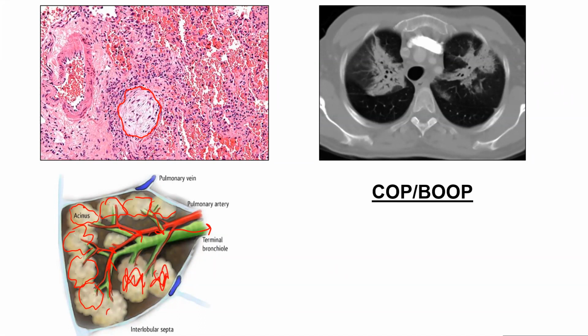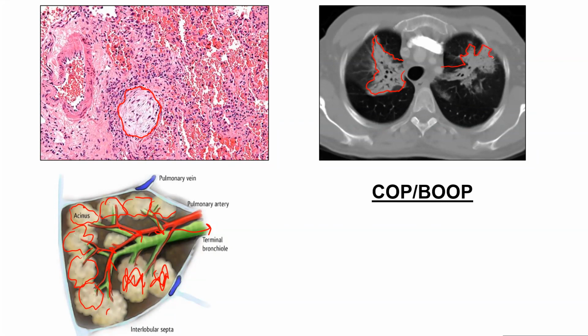So you can see here, you really can't see any air, any airspace, any alveoli. And on imaging, because you can't really see any air, this will look more like consolidation. So COP will look like a consolidation.